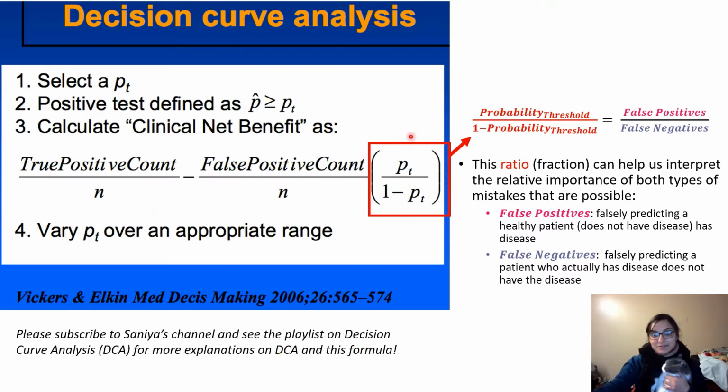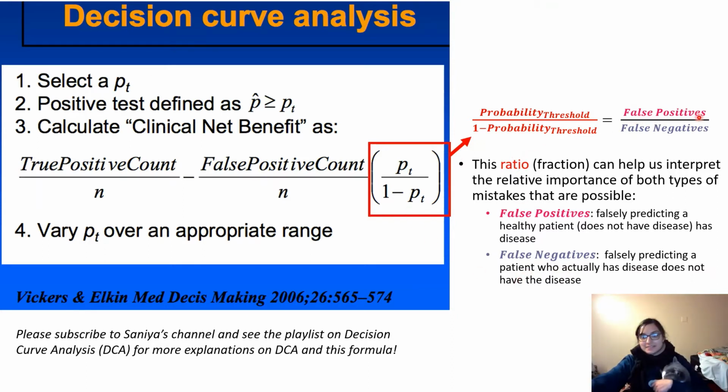But a key thing I want to show you is that this ratio, this fraction of PT over 1 minus PT, the probability threshold over 1 minus the probability threshold, is actually equivalent to the false positives over the false negatives, where false positives are falsely predicting a healthy patient has the disease, and in a false negative, you're falsely predicting that a patient who actually has the disease does not have the disease.